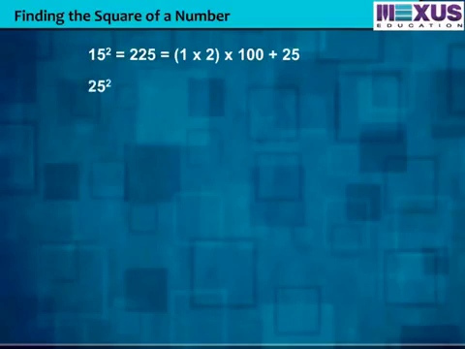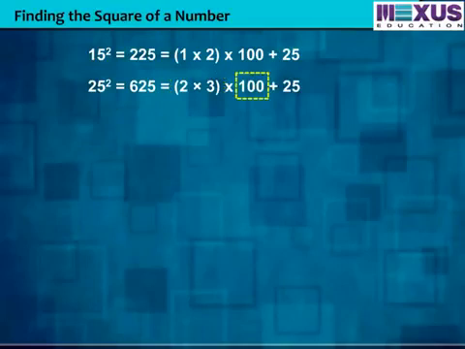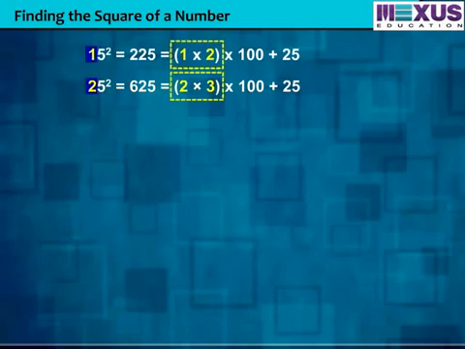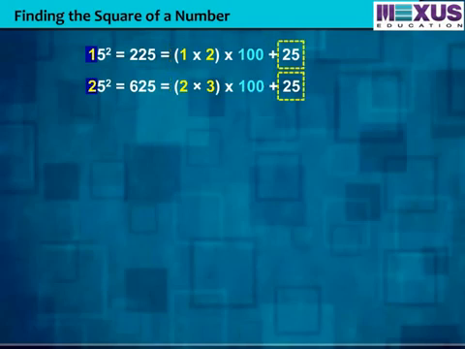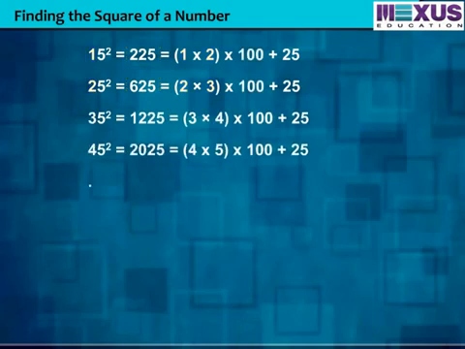If you see 25 square, it is 2 into 3 into 100 plus 25. So we can see that for finding the square of a number with units place as 5, just multiply the other digits with their consecutive number and 100. Then adding 25 to it, we get its square number. Let's see some other examples for it.